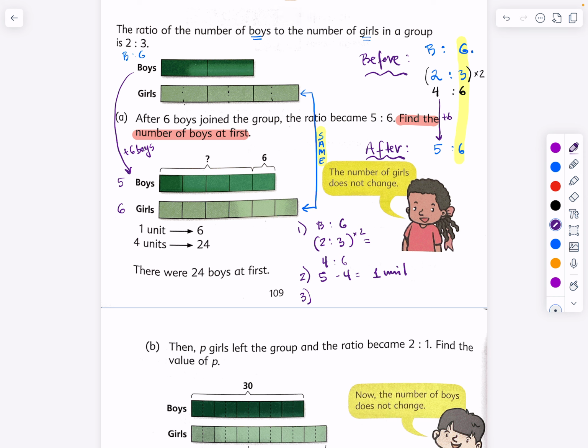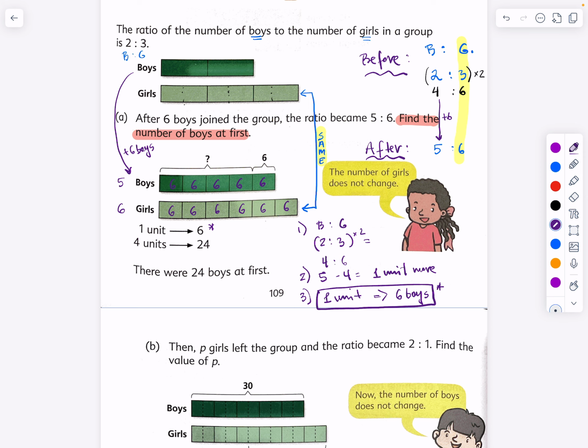My friends, that 1 unit more is the 6 boys. 1 unit represents 6 boys. That's the key takeaway. The key takeaway is that 1 unit has 6 boys. Let's label 6, 6, 6, 6, 6. And because all units are the same thing here, 1 unit is 6 boys.